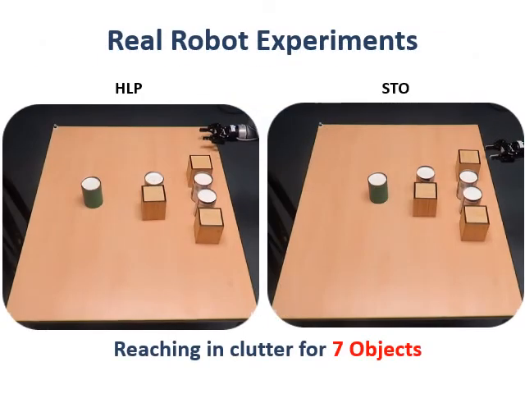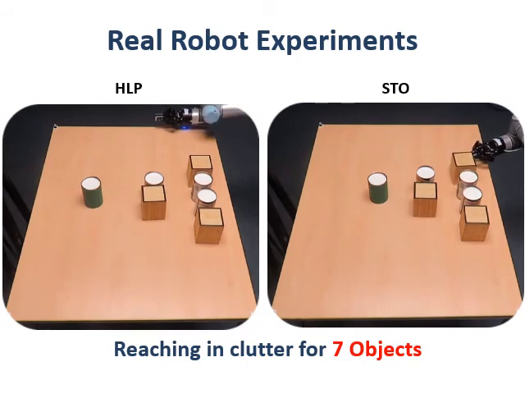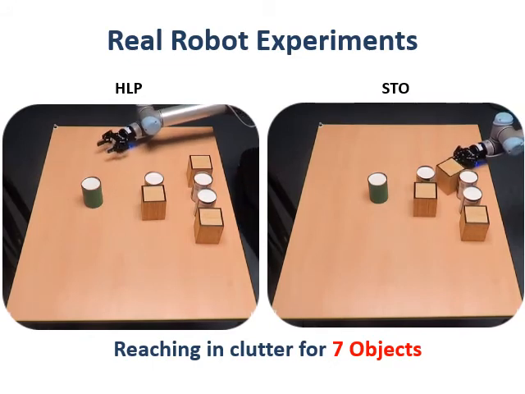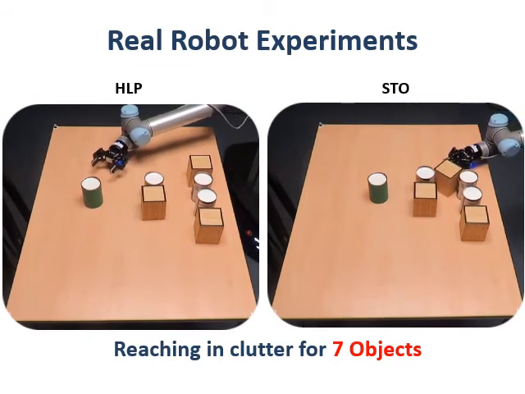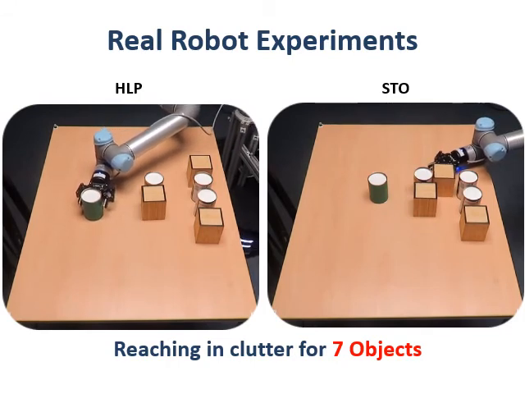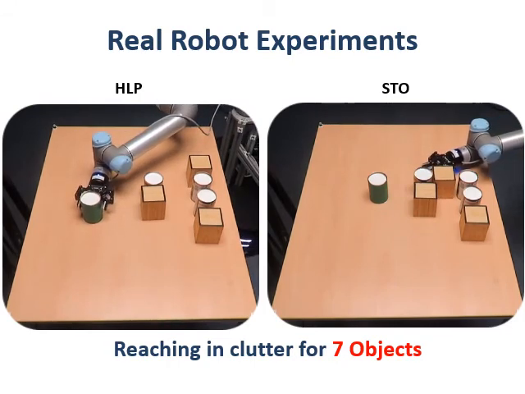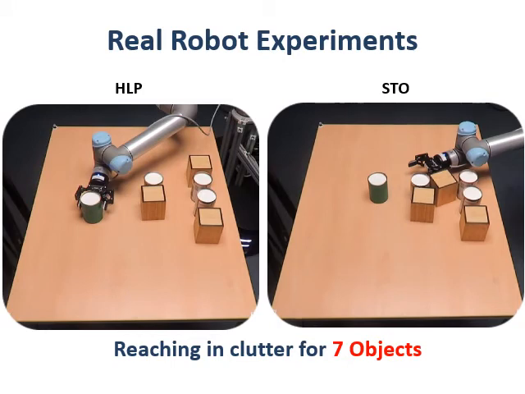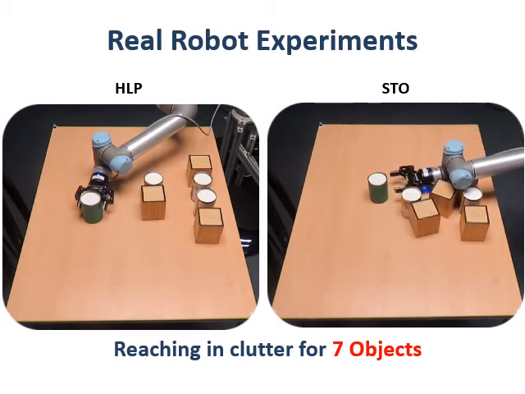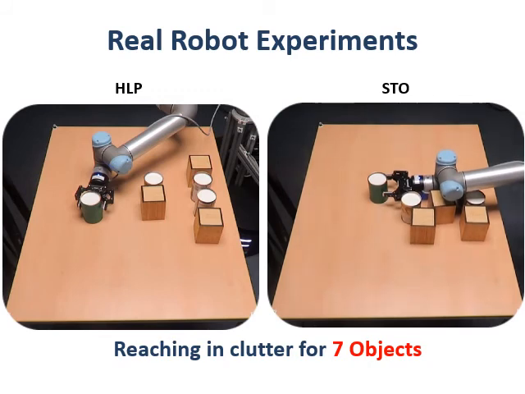In the real experiments, you can see how HLP can think over the free space around the objects in a way that's similar to how humans think, so that it can pick the target faster than the STO, which is biased towards its straight line initialization between the starting and target points. Please note that we generalized beyond the training structures. The starting and the target points are not aligned.